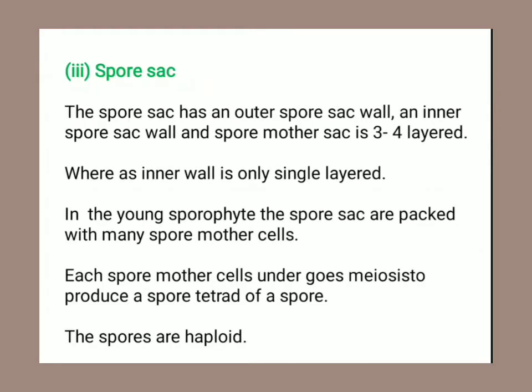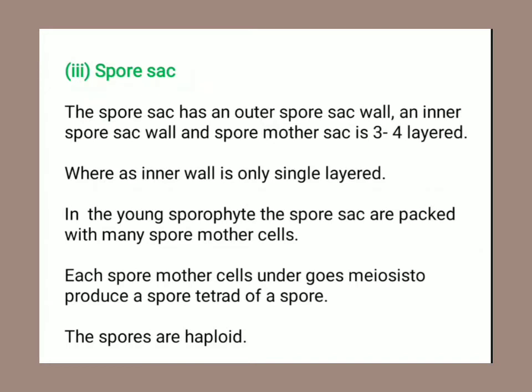Then the spore sac has an outer spore sac wall and an inner spore sac wall, and the spore mother cells are 3 to 4 layers, where the inner wall is only a single layer.